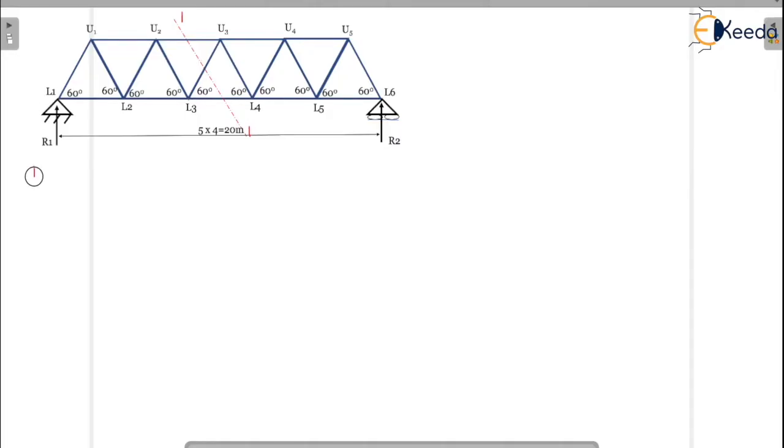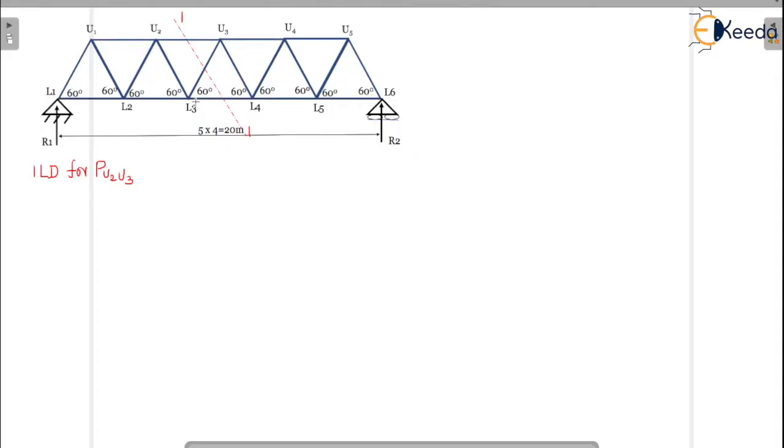So let us find out the influence line diagram for the force P of U2 U3. We want to find out the force in this member. To find it, let us consider moment about L3.